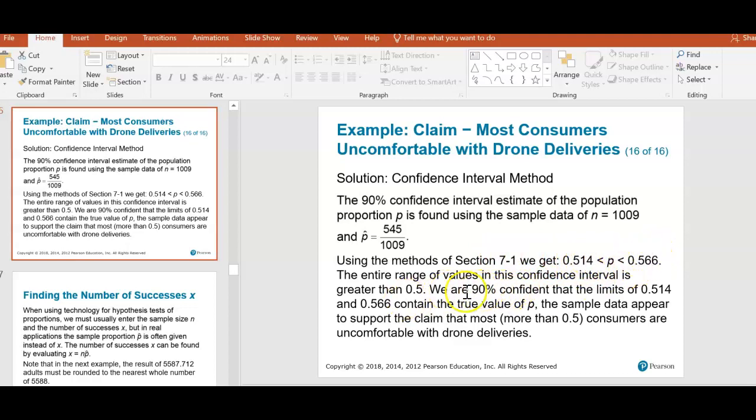So we'd be 90% confident that our true value of p lies inside of there, which again seems to support the claim that more than 0.5 of consumers are uncomfortable with drone deliveries, since 0.5 is not in our confidence interval. But again, a hypothesis test is the right thing to do in this case, and these are not identically calculated.